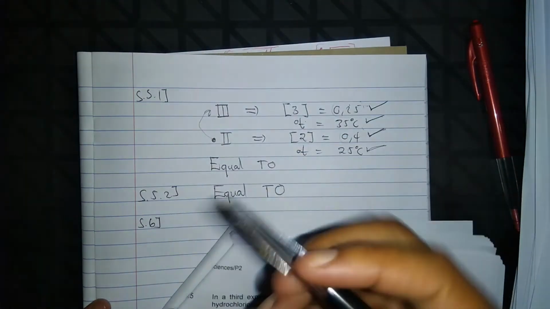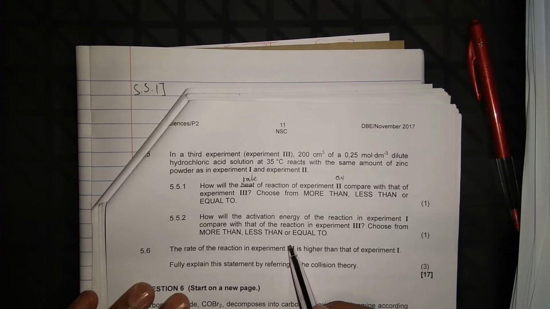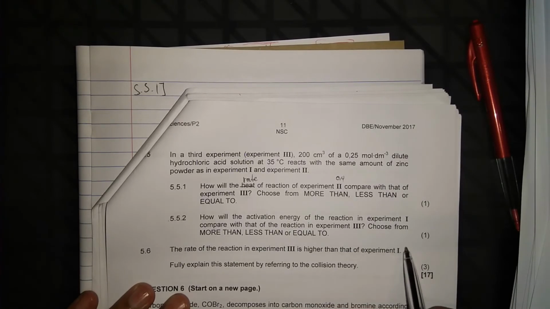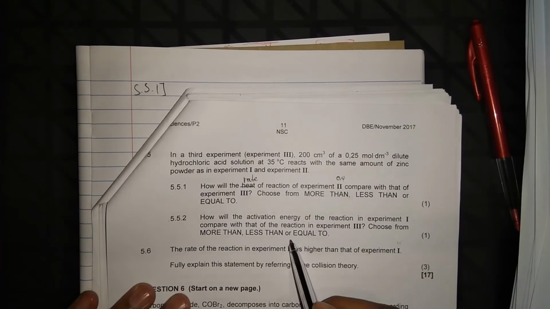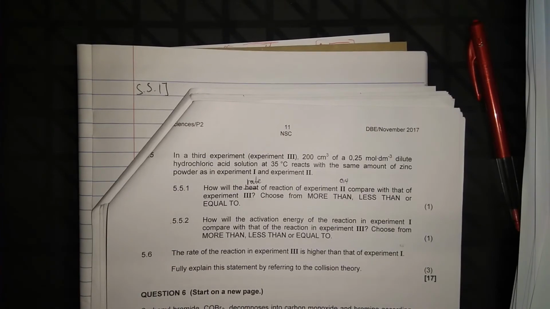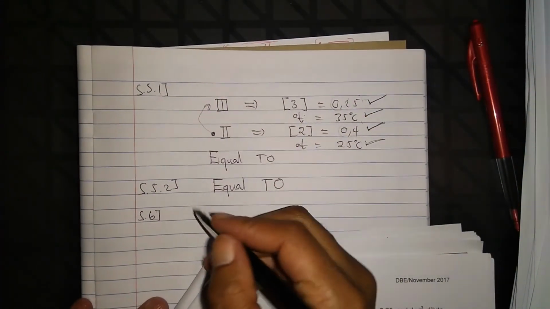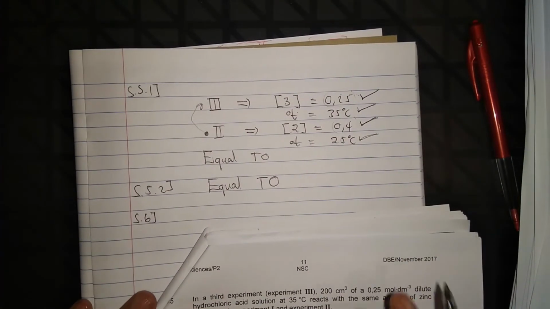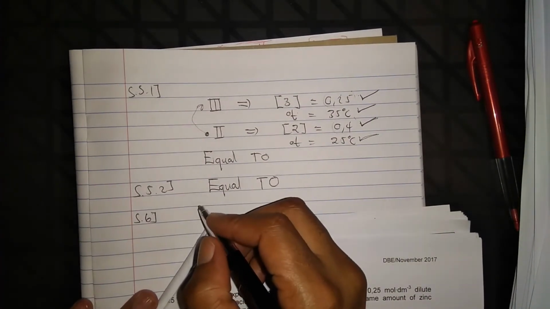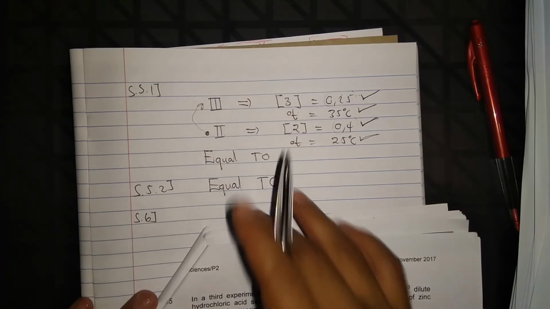So in experiment 3, as mentioned, we have a higher temperature than in experiment 1. Experiment 1 is 25 degrees, experiment 3 is 35 degrees, and our concentrations are the same. The only difference in this case is our temperature. Okay, fully explain this answer.